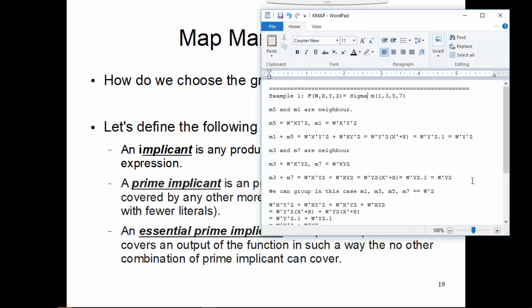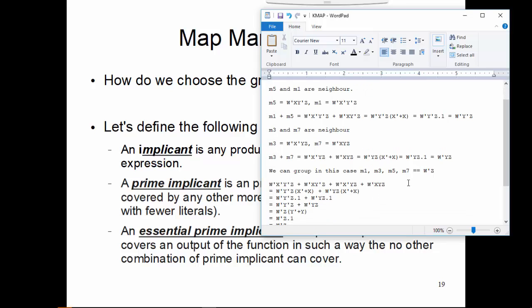In this function, we can group 1 and 5 and 3 and 7, but they are implicants. In fact, M1, M3, M5, M7 individually are implicants too. A prime implicant is your bigger group, the biggest group you can make in the neighborhood. So in this case, we can make a neighborhood of M1, M3, M5, M7 together because they are neighbors with each other. So that becomes my prime implicant.